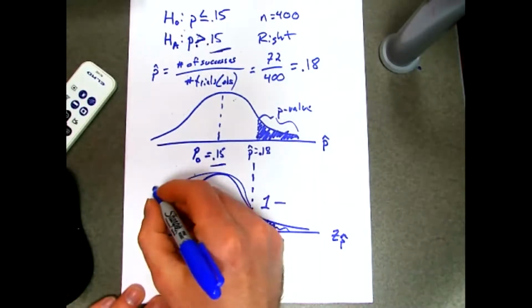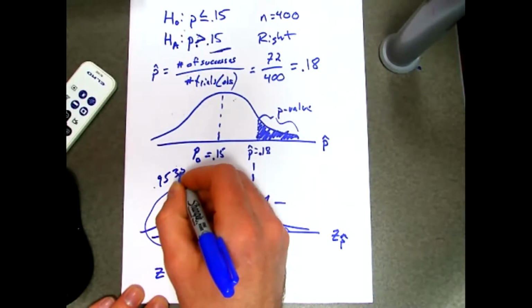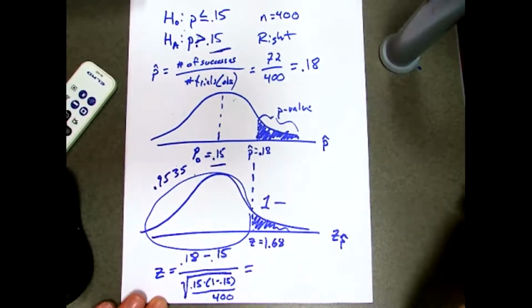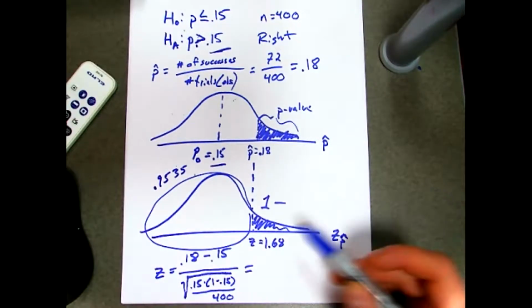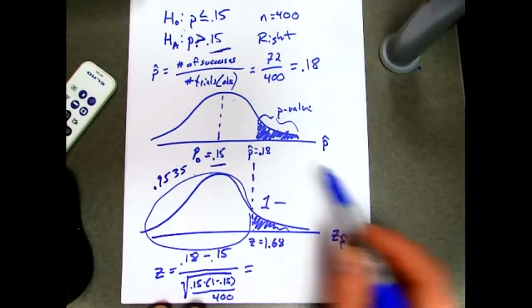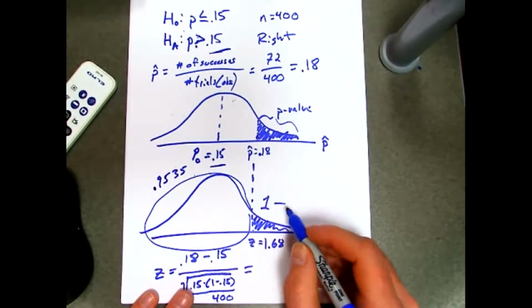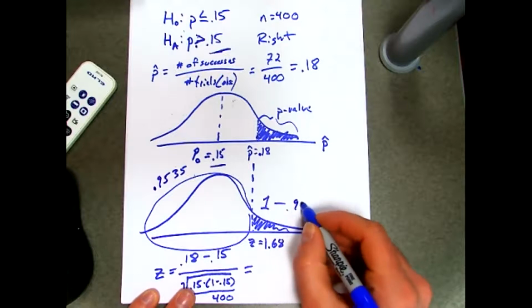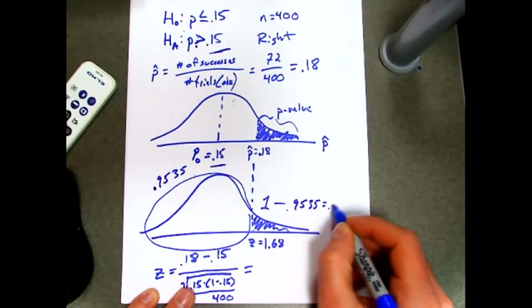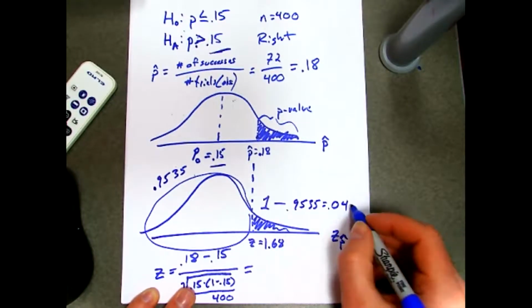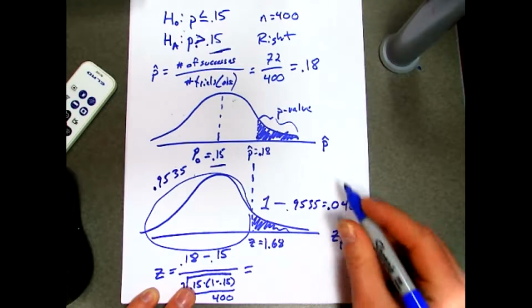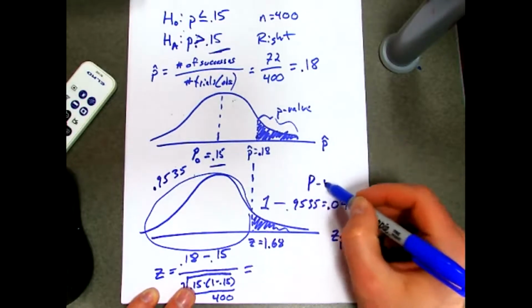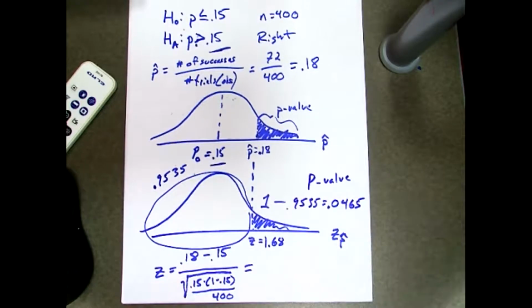Well, I wanted the probability of seeing something above the sample proportion that I did, or above that Z statistic. So I then need to subtract this from 1, and my p-value is about 0.0465.